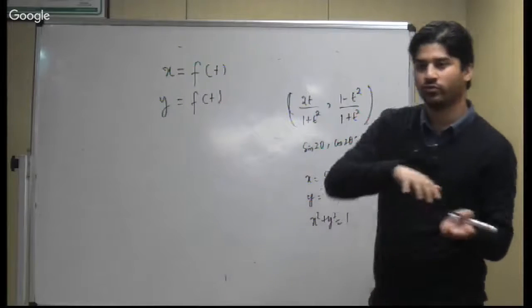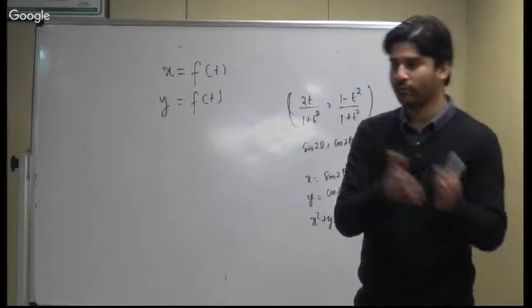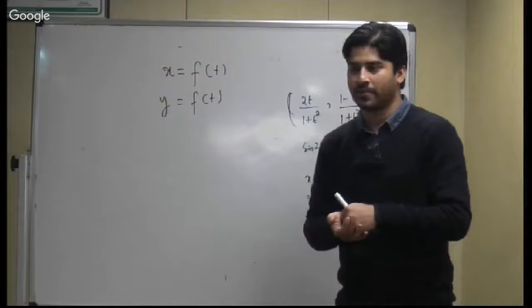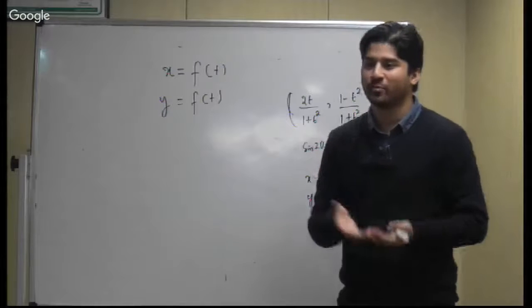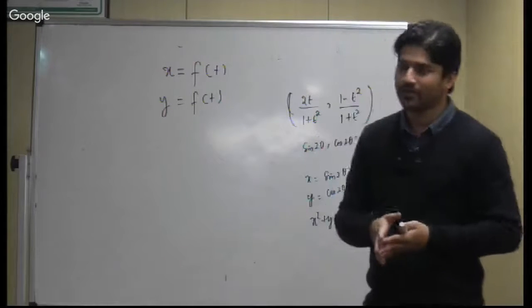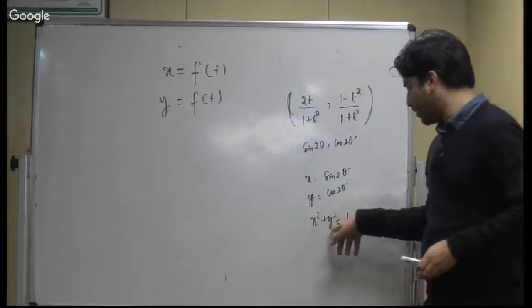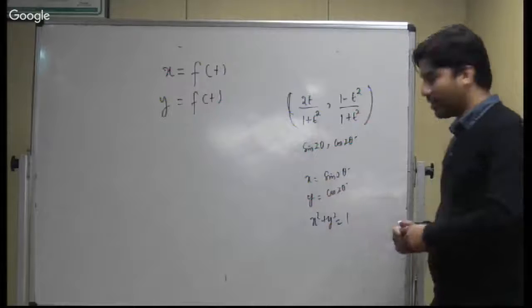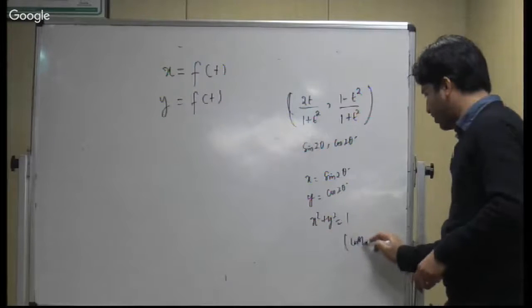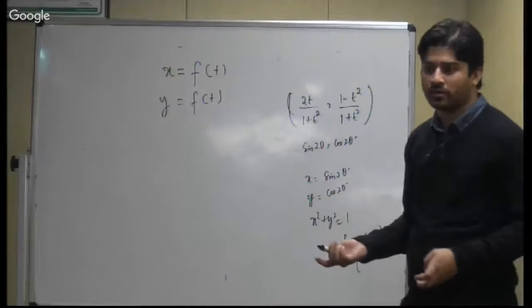If I ask you vice versa, how to convert from algebraic locus to parametric locus, you just have to put one thing as t, and the other counterpart accordingly, or whatever you feel like. There can be infinite options. See, I put x square plus y square as this. I could have even given cos theta comma sin theta. I could have given cos alpha comma sin alpha, whatever the parameter.